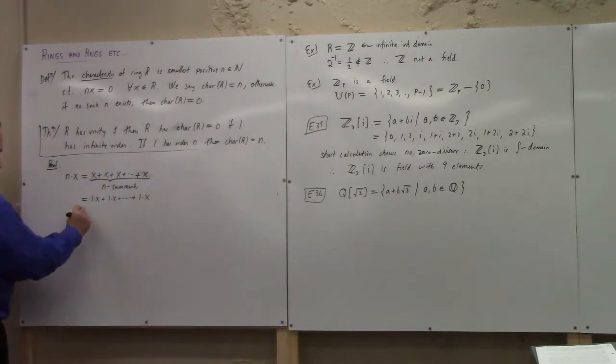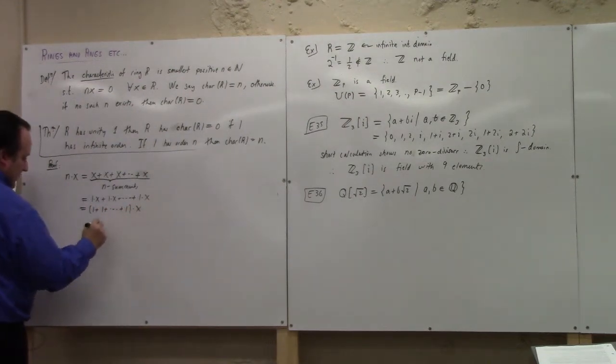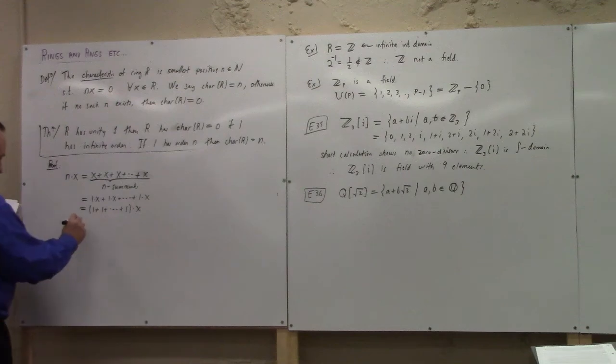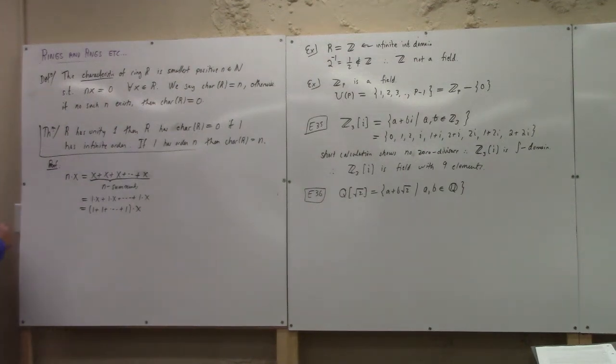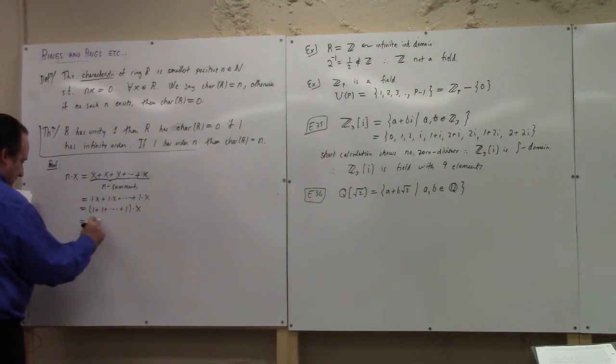And by the distributive property, you got 1 plus 1, right? And again, there's also n summands of that. So what's 1 plus 1 plus 1 plus 1, n times? Well, that's n. So this is nx. Well, I'm coming back full circle, aren't I? I was about to go back where I started. That would be dumb. But the point is that this is n times 1, right? Times x.